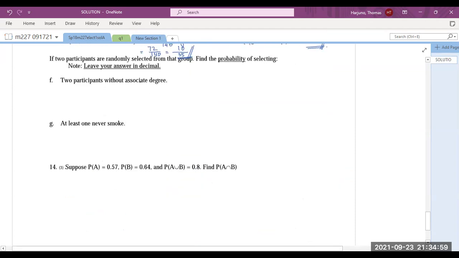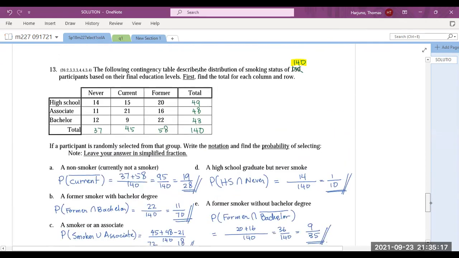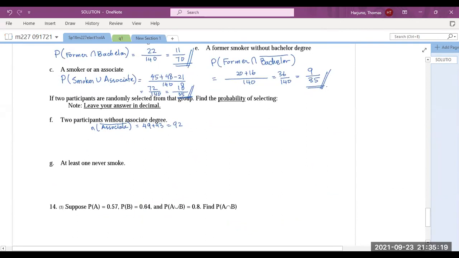So the number of people without associate degree is 49 plus 43, that's 92. There are 92 people without associate degree. But you need 2 of them.